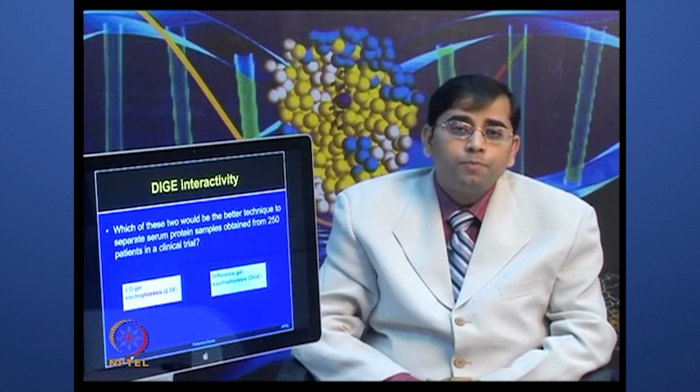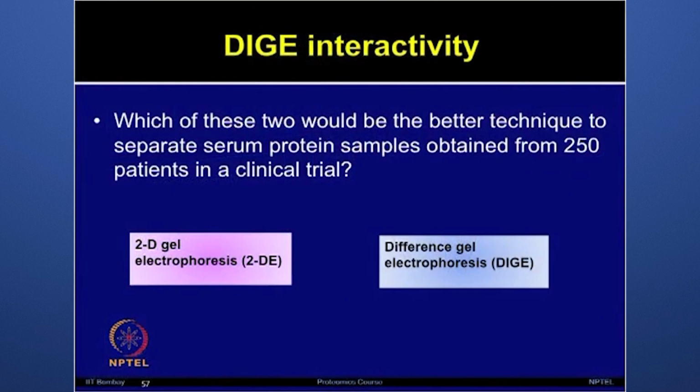If you want to perform some gel based proteomics approach and you have been given 250 patients from a clinical trial, which of the two methods will be useful, 2D electrophoresis or difference gel electrophoresis, DIGE? Which of these two methods would be a better technique to separate serum protein samples obtained from 200 patients in a given clinical trial?